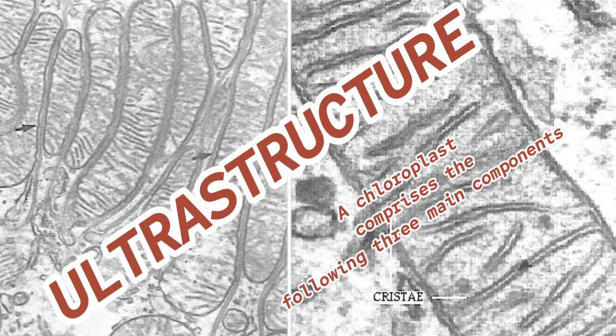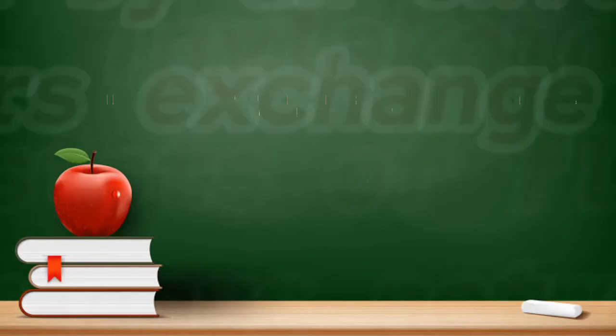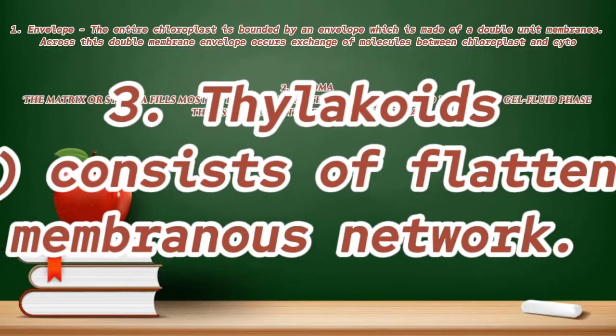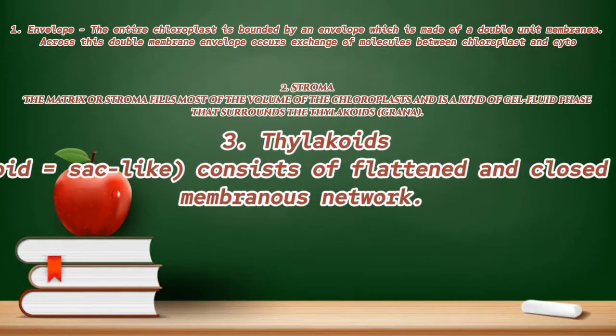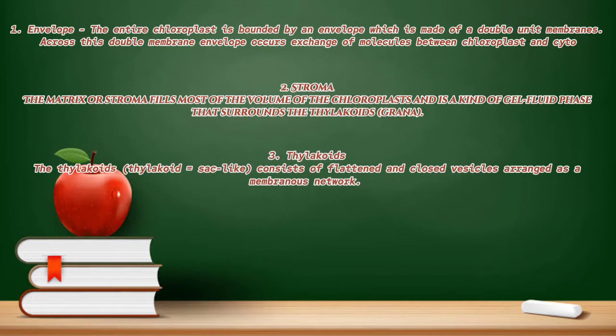A chloroplast comprises the following three main components. Number 1. Envelope. The entire chloroplast is surrounded by an envelope which is made of a double unit membrane. Across the double membrane envelope occurs the exchange of molecules between the chloroplast and the cytoplasm. Second, stroma.